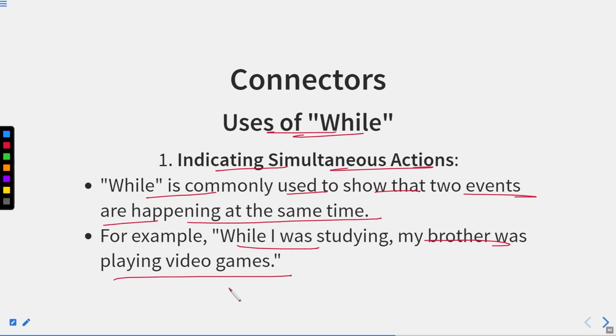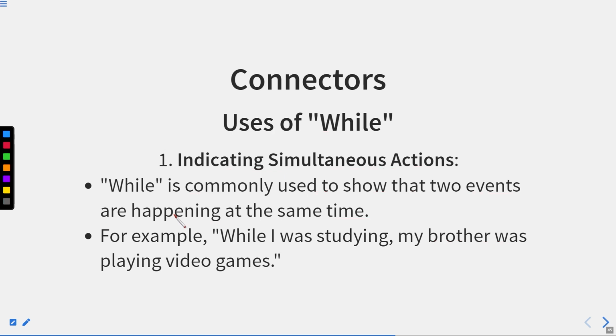But if I say, when I study or when I studied, my brother played video games, or my brother used to play video games, or my brother plays video games, these two actions take place whenever something happens, whereas while shows the continuity. It means when shows the present scenario or the recurring events, whereas while shows the continuous actions. Okay, this is the basic difference between when and while.